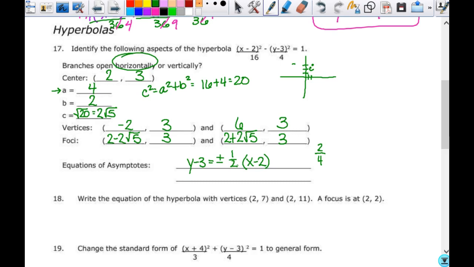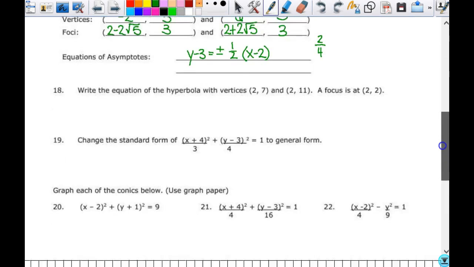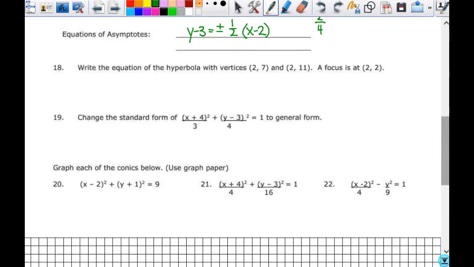All right, so now I'm going to write the equation of the hyperbola. I have these vertices, so that's 2, 7, and 2, 11. Okay, even if you don't put the little hash marks, you're about there. So that means it is vertical.